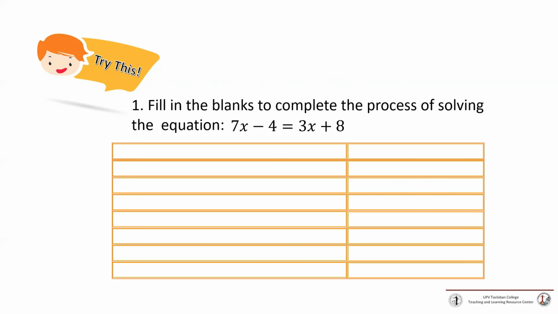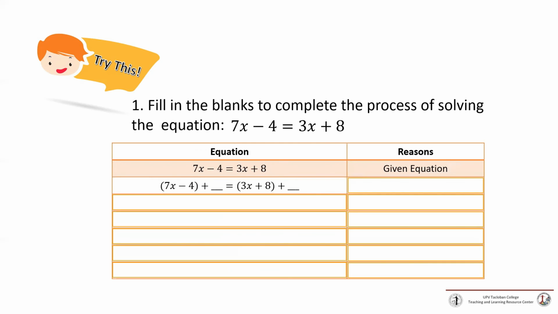So that's your exercise. Now, on the first column, we have the equation, and on the second column, we have the reasons. For example, on the second row, 7x minus 4 is equal to 3x plus 8. So what is your reason? It is the given equation.